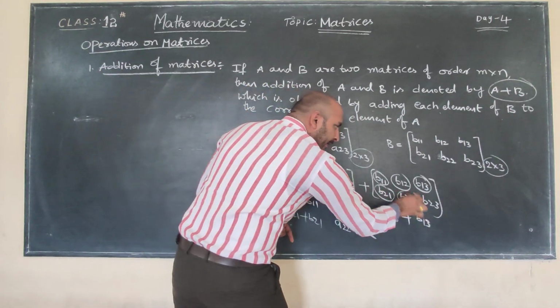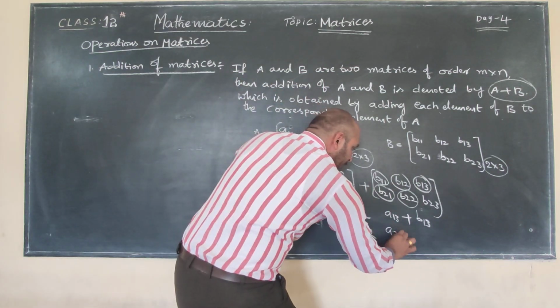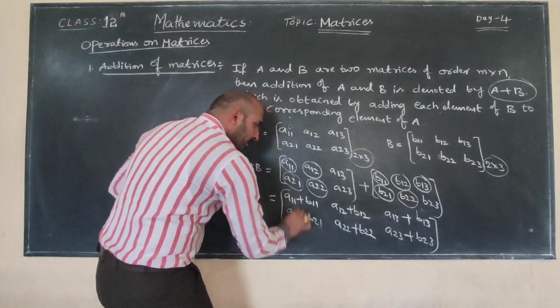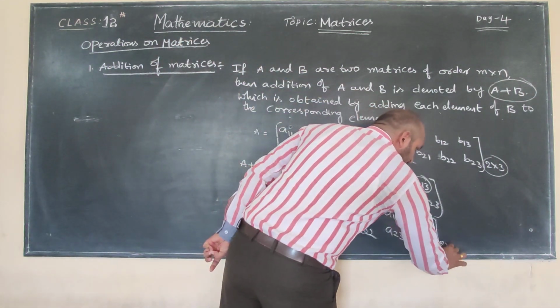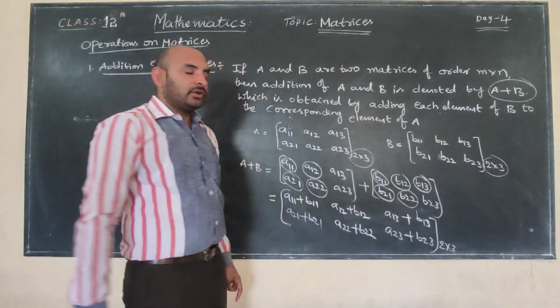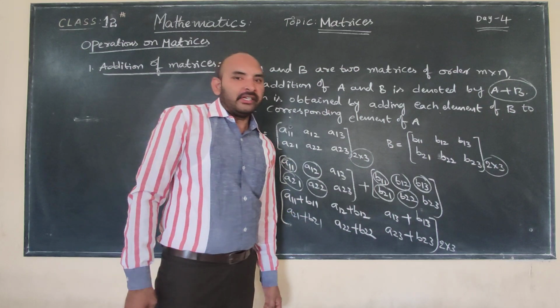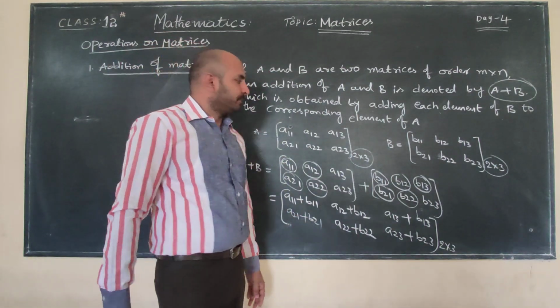Second row, third element, A23 plus B23, with order how much? 2 rows and 3 columns, here also totally 6 elements. This is the addition of matrices.